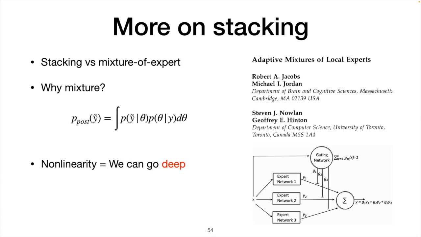You can use other operators to combine probabilities, such as geometric bridge or even quantum superposition to combine two distributions. And those operators are nonlinear, which has the advantage that you can go deeper, right? Because if you have a mixture of experts or stacking, which use a mixture, then no matter how many layers you go, it's always a mixture. You don't have too many gains from that.